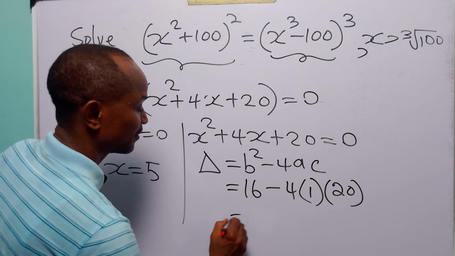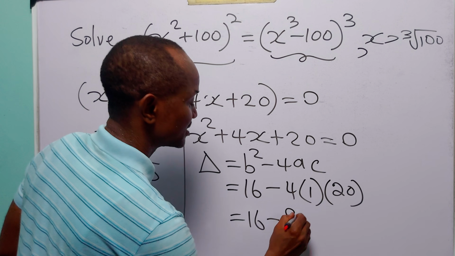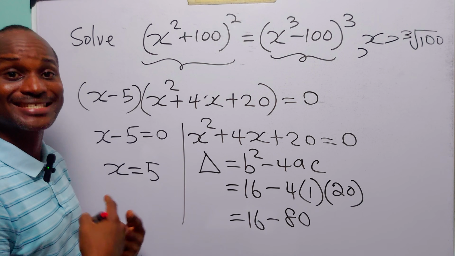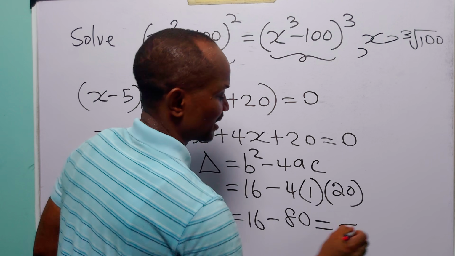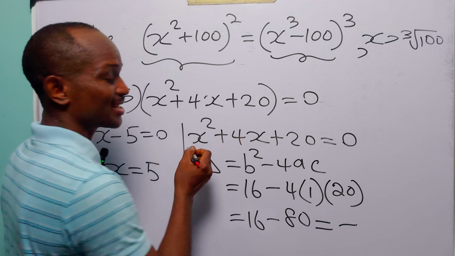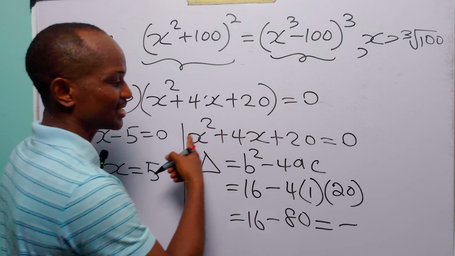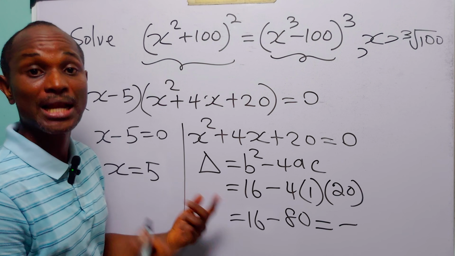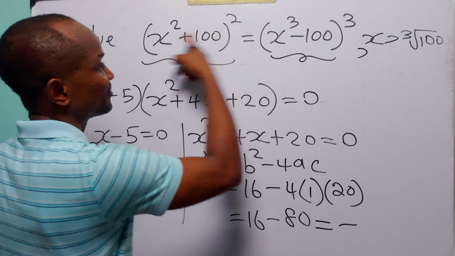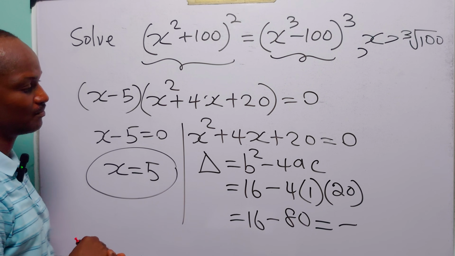So this is equal to 16 minus 4 times 20, which is 80. And of course, you know that 16 minus 80 is a negative number. And you know that when the discriminant of a quadratic equation is negative, it simply means that that quadratic equation has no real roots. So the only real value of x that satisfies this equation is x equal to 5.